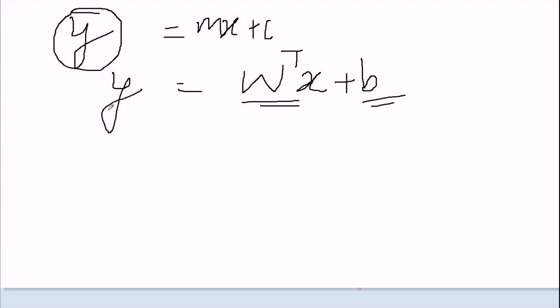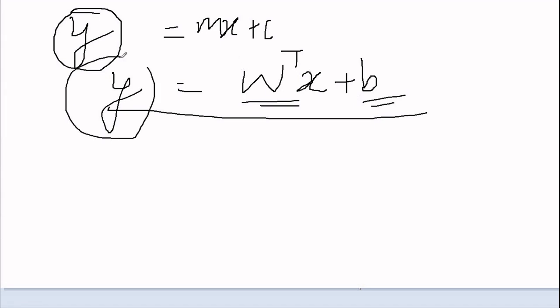If we are predicting the values, we can simply use this equation. We can predict the weights and the bias, plug it in this equation, and we'll get the y value, right? It works. Let's see.